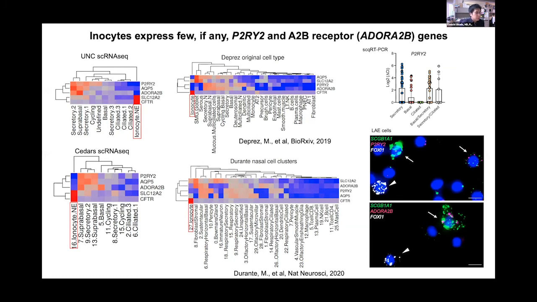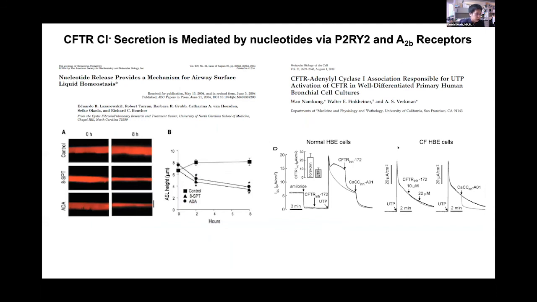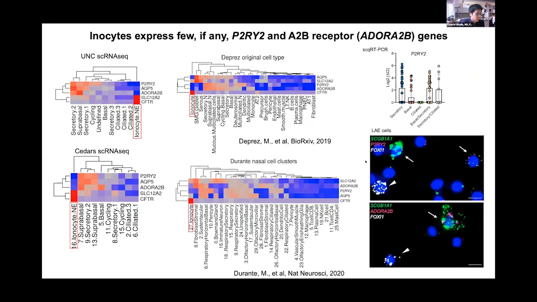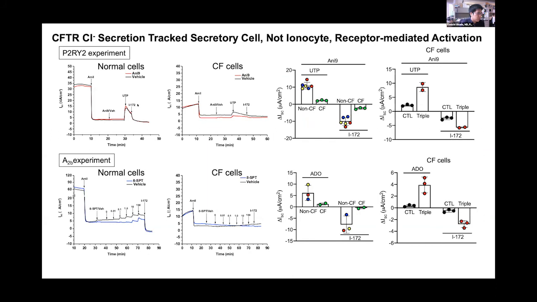So there could be differences in receptor expression by cell type, which suggests CFTR might be differently regulated by cell type. But at least now we know secretory cells express these receptor genes. We stimulate these cells with a nucleotide.